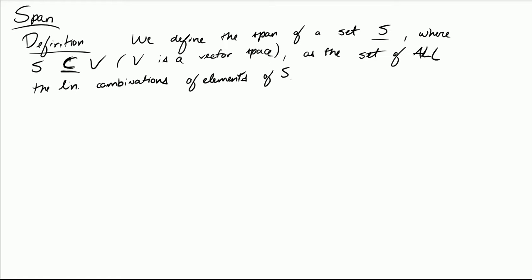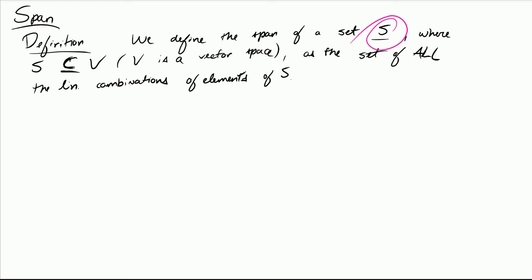It's all of the possible linear combinations in a set S. So it's any scalar times an element plus any scalar times another element in S. We can add those as many times as we want. It's the set of all the possible linear combinations of elements of S.